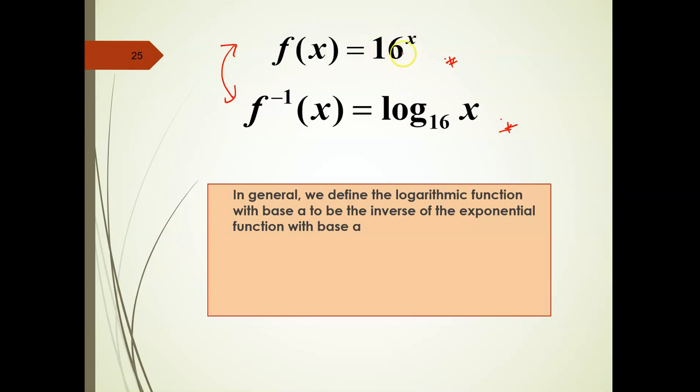If you have an exponential function with base 16, then the inverse will be a logarithm with the same base. So if you have a^x, then the inverse will be log a of x. If you have log a of x, then the inverse will be a to the power of x. It's the same. This is very important, you have to memorize.